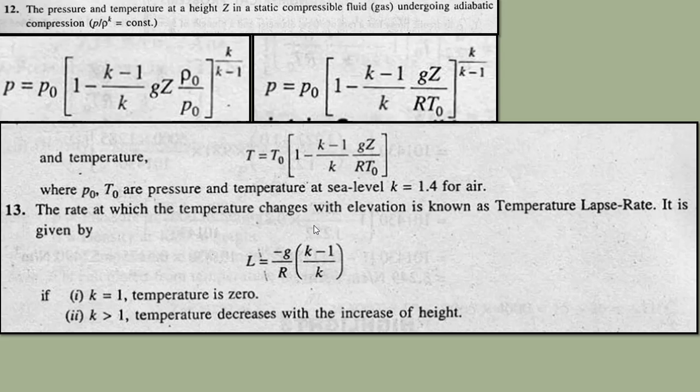It is given by capital L is equal to minus g divided by R into (k minus 1) divided by k. If k is equal to 1, the lapse rate is 0. If k is greater than 1, temperature decreases with the increase of height.